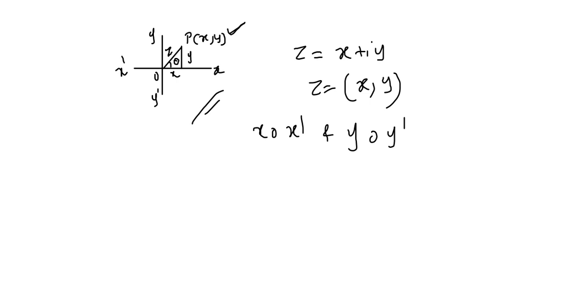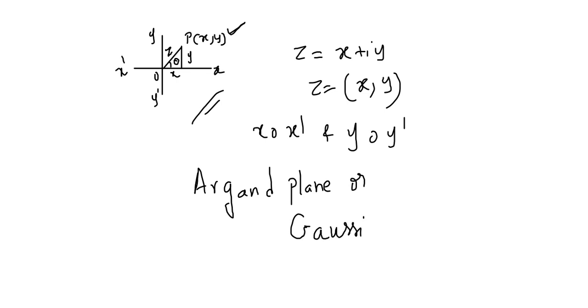This plane is called the Argand plane, or complex plane, or Gaussian plane.